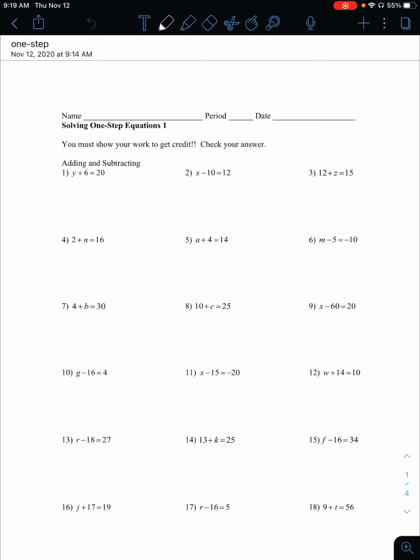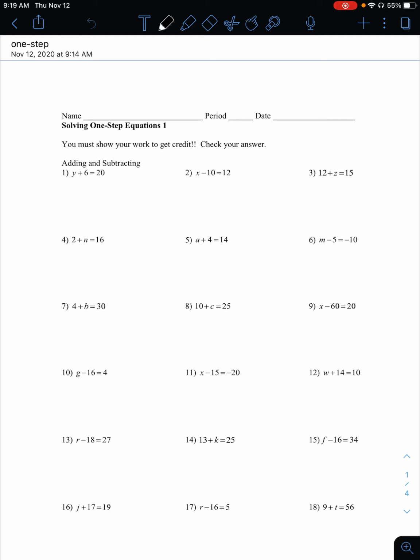Basically, what they both state is that if you subtract something on one side of the equal sign, you have to subtract it on the other side. What you do to one side of the equal sign, you must do to the other side. So, let's do some practice.